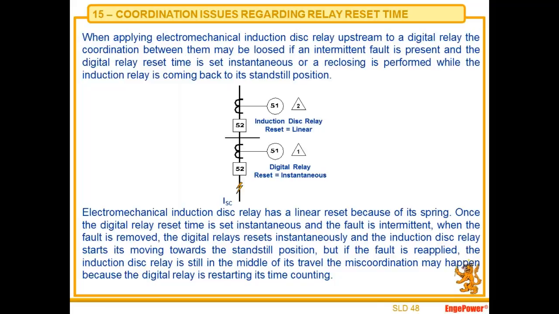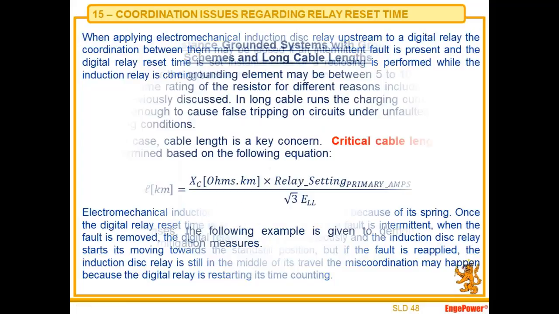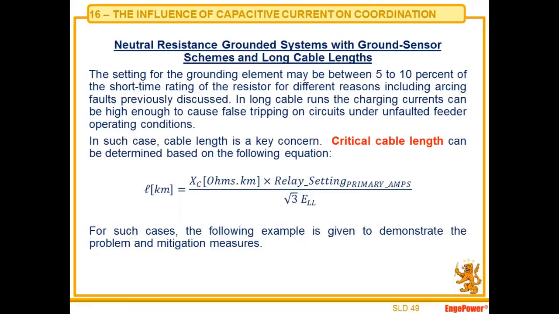So this is a situation where you have this kind of problem: the upstream relay trips first. What you have to do is set the reset time for the digital relay to emulate the behavior of the induction disk relay. Another interesting thing, neutral resistance ground system.